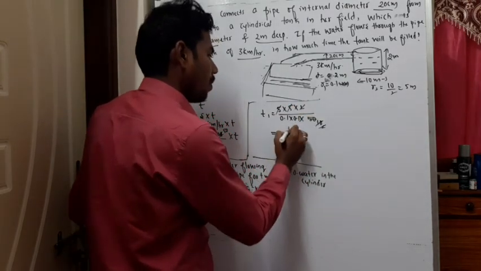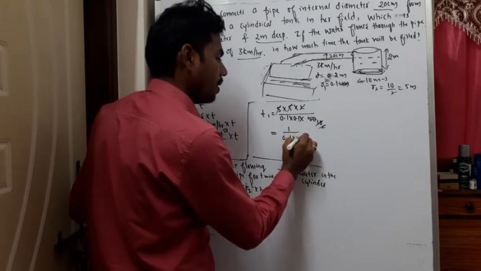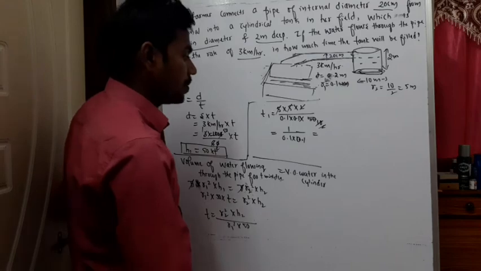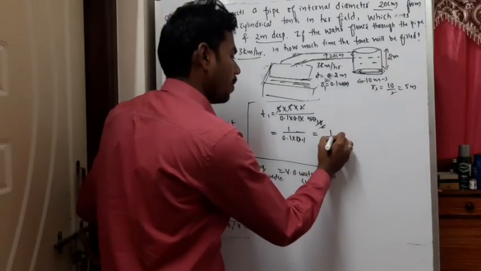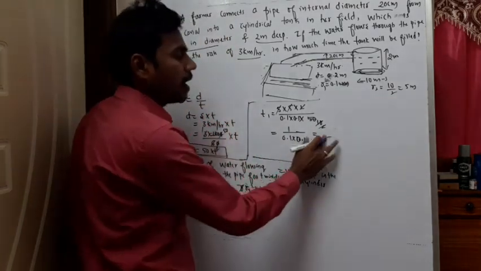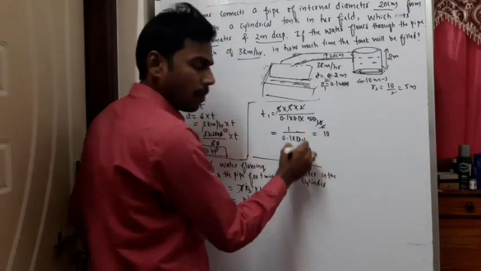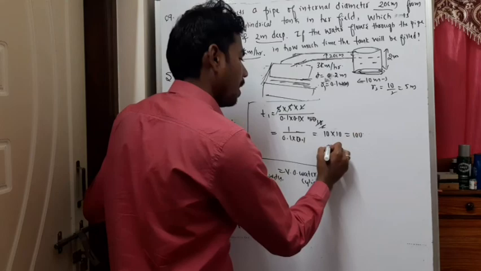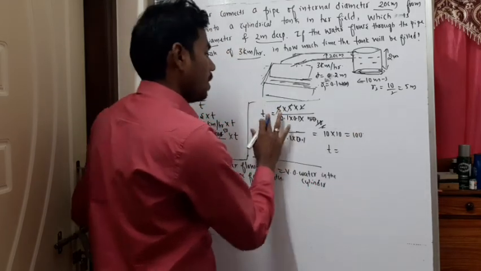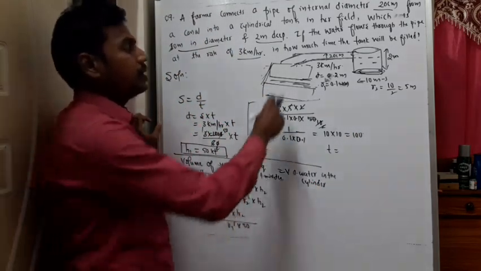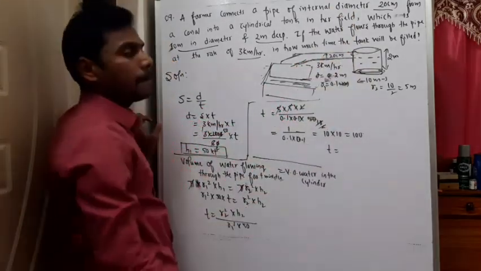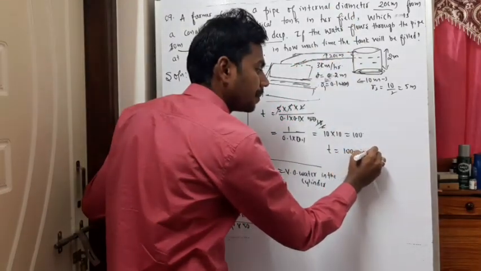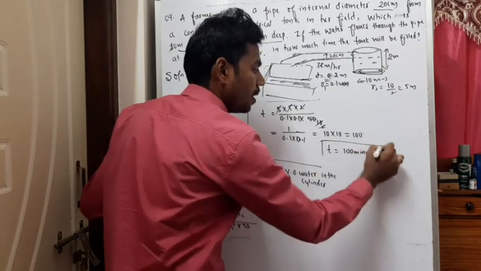So 1 divided by 0.1 into 0.1, instead of 1 by 0.01, I can write 100, which is equal to 100. So time taken by this water pipe to fill this particular tank is equal to 100 minutes. So please note this down.